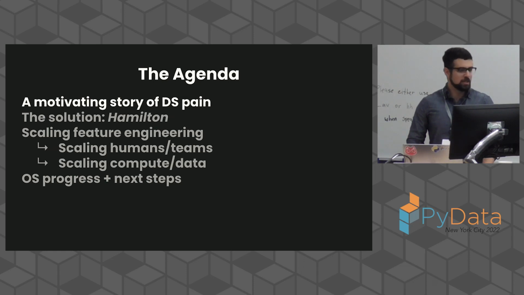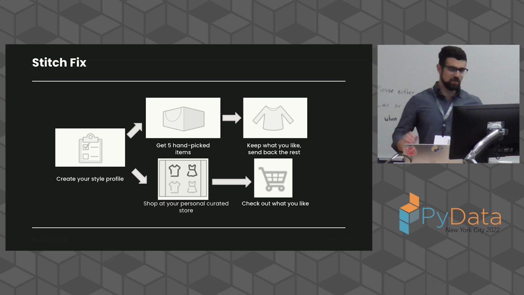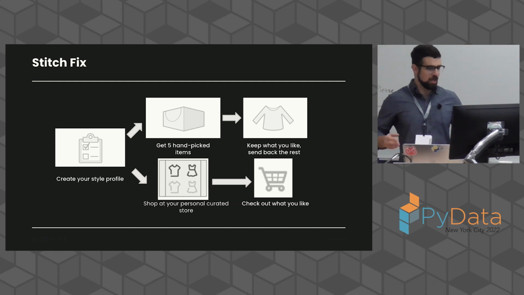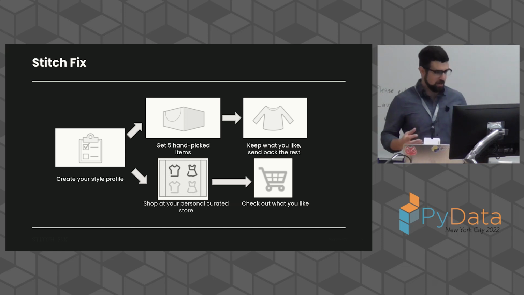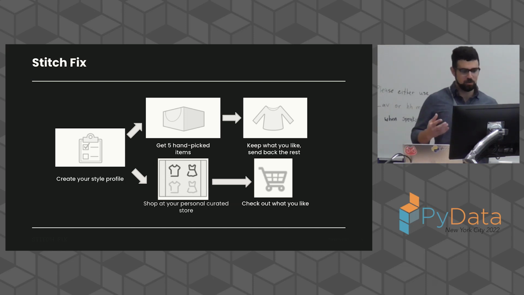So let's dig into the data scientists who are suffering. But first, I'll give you a sense of the scene we're in, the company that I work for called Stitch Fix. It's an online personalized styling service. There are two ways to interact with Stitch Fix. You create your style profile, and this gives us basic information about you and a good sense of what will fit you.